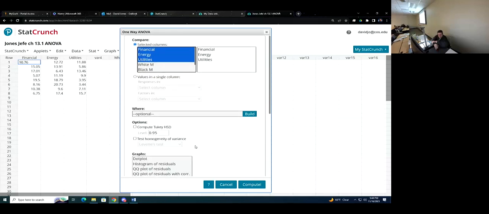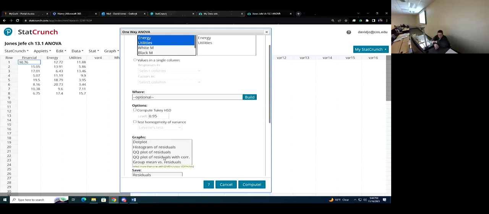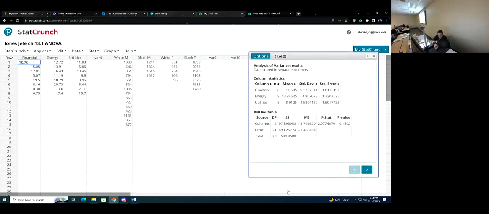And you have some options for some graphs. I'm gonna do the QQ plot of residuals with it. And it gives us this. The standard deviations are listed right here, so I'm gonna write those down. I'm gonna write down my F stat and P value real quick.